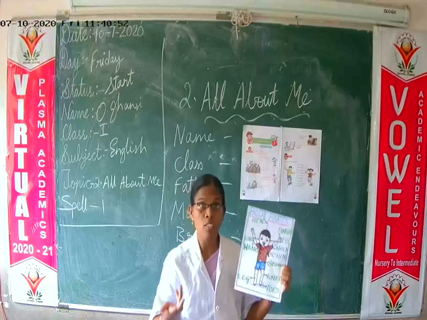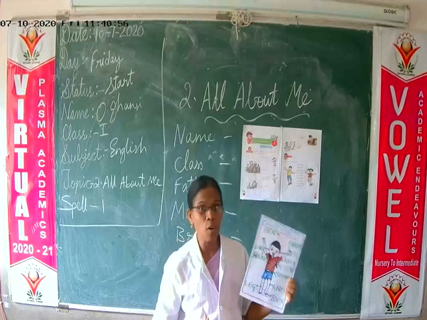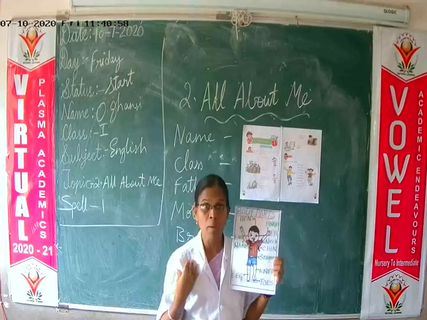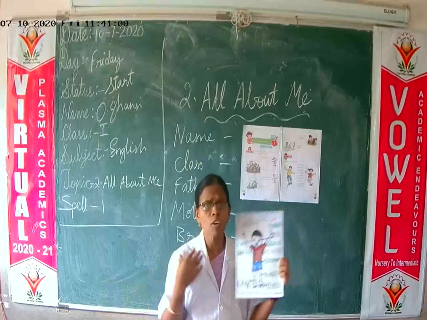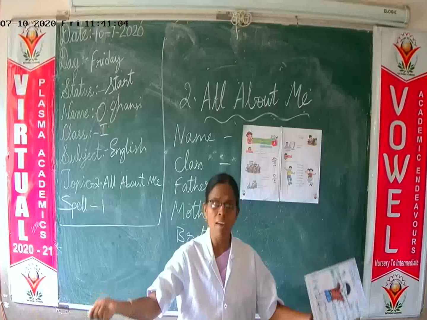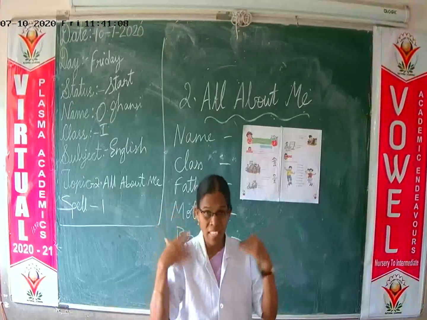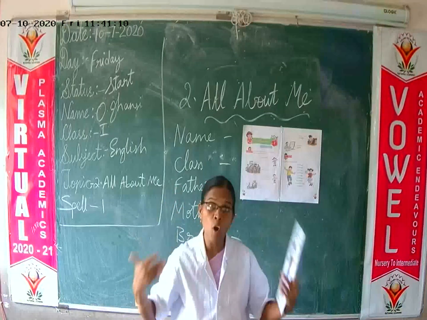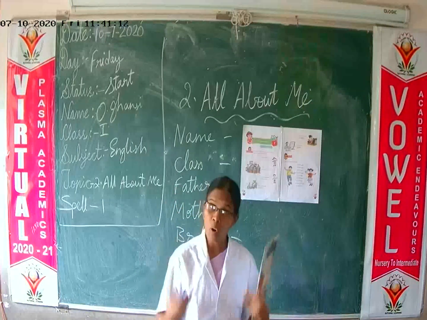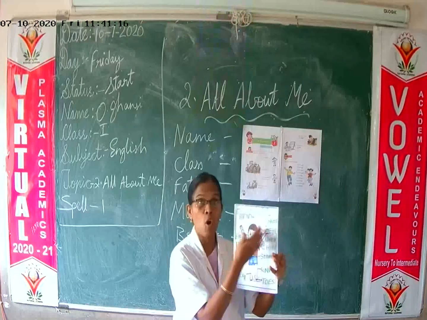Where are the parts of our body? In our body only. Where are the body parts, children? In our body. Without the body, can we have the parts? No. So, we need the body to have all the parts.